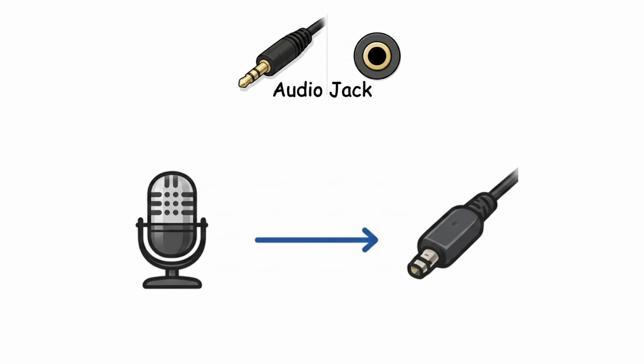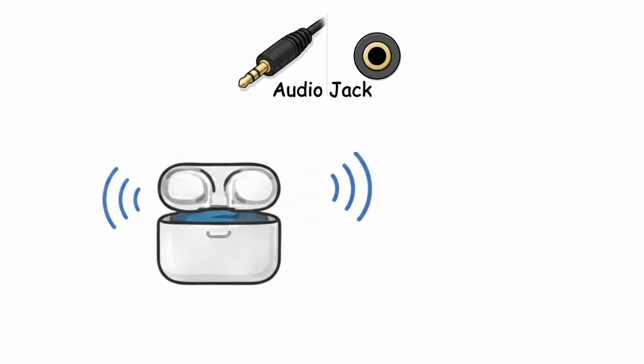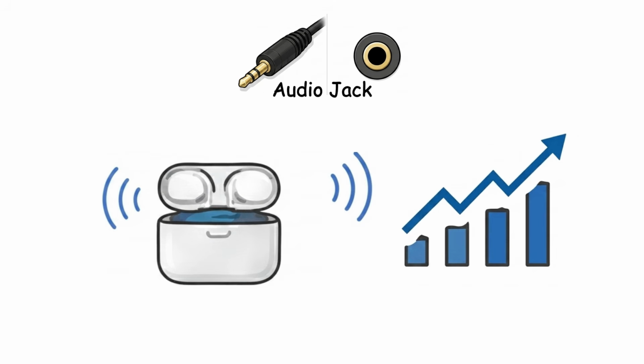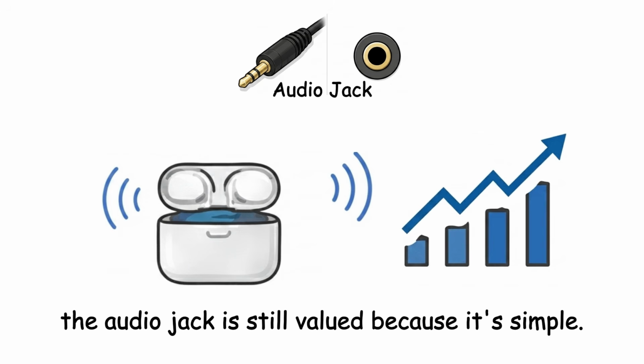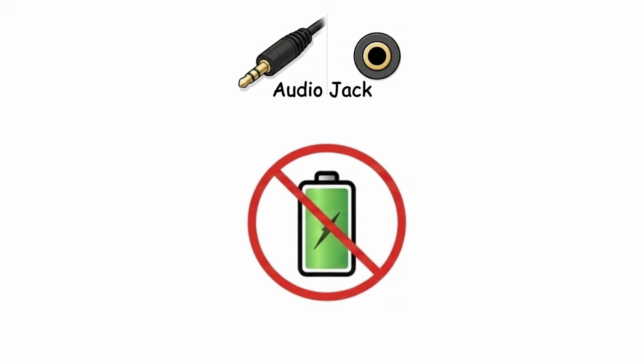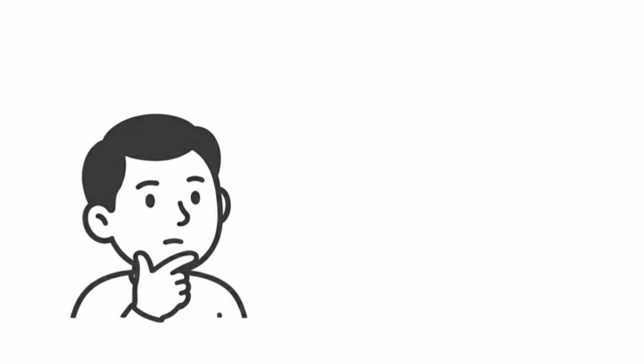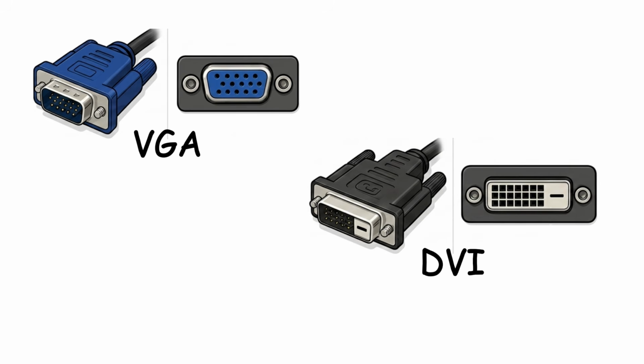Some devices even use the same jack for both headphones and microphones. Although wireless earbuds have become increasingly popular, the audio jack is still valued because it's simple. It works instantly. No batteries, no pairing. Just plug it in.